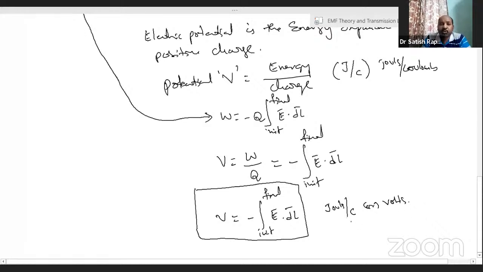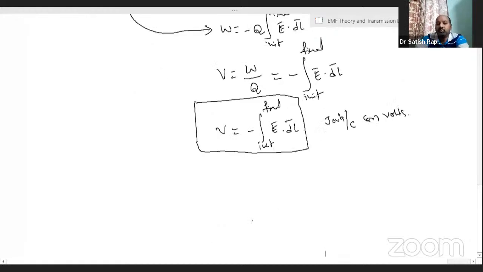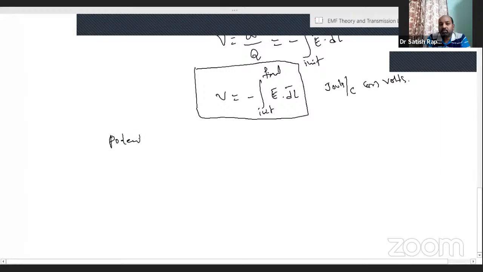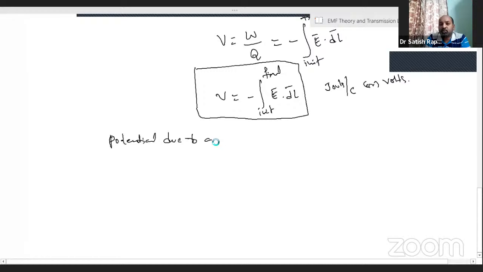We can determine potential due to a point charge.